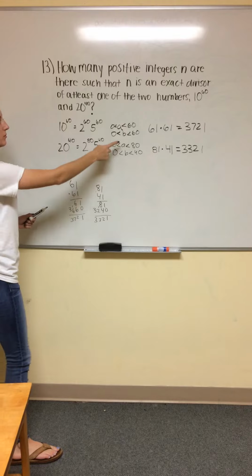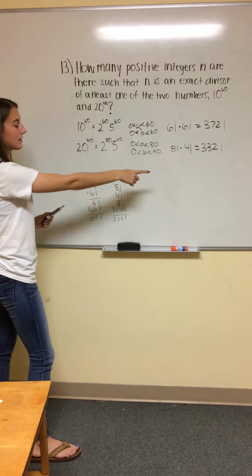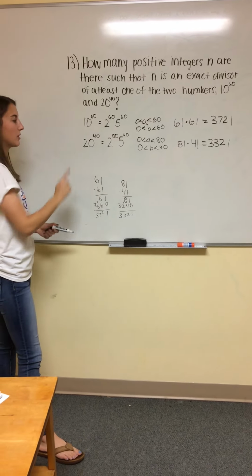So this is how many possible divisors there are of 10 to the 60th, and that's how many positive divisors there are for 20 to the 40th.